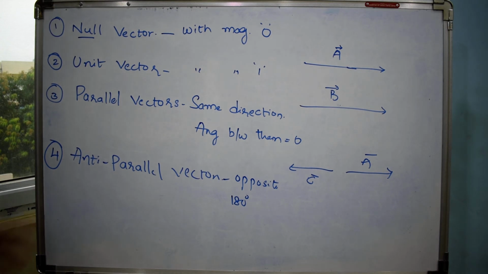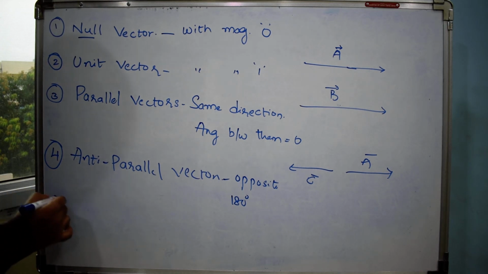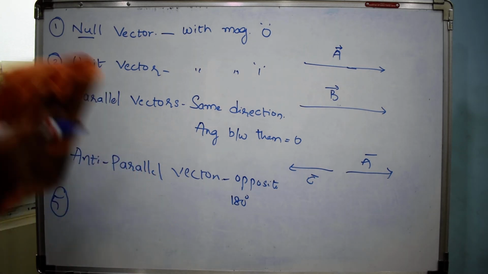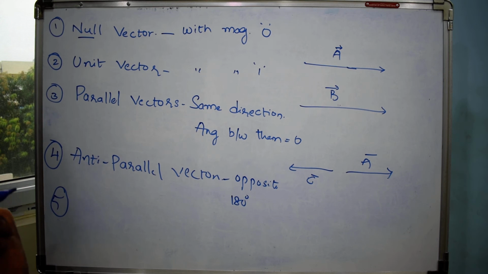And the next one is something called coplanar vectors. What coplanar means is being in the same plane. Suppose we have two or three vectors or any other number of vectors, and they are in the same plane. Two vectors will definitely be in the same plane, so it is not important to speak about two vectors.